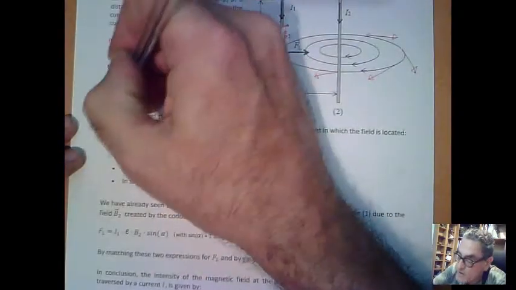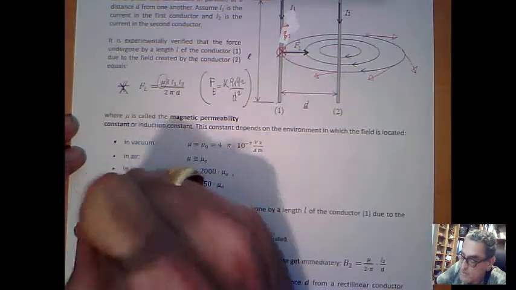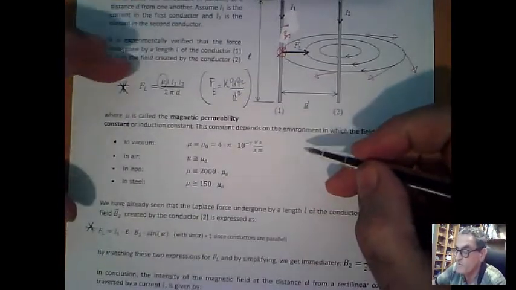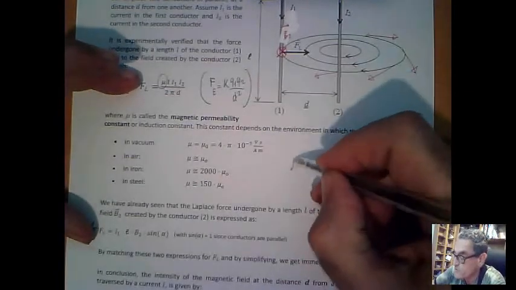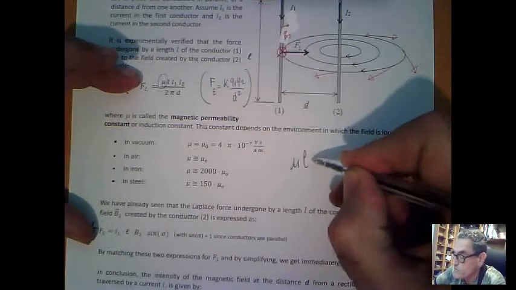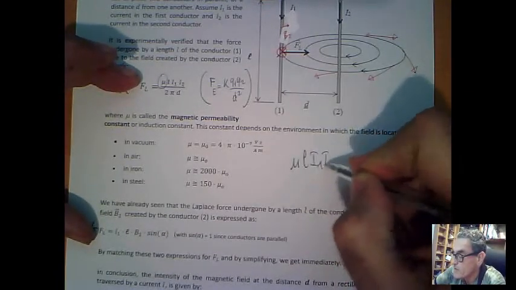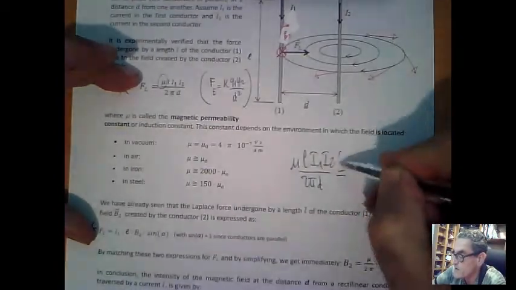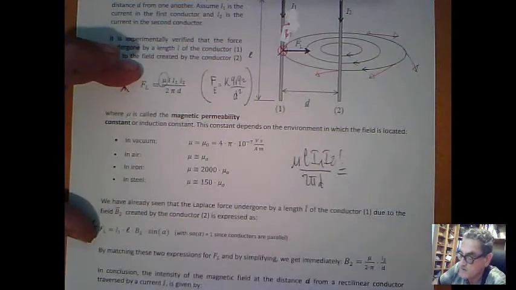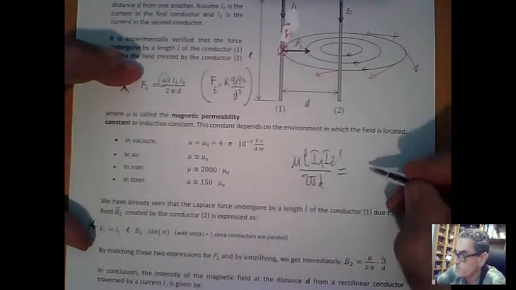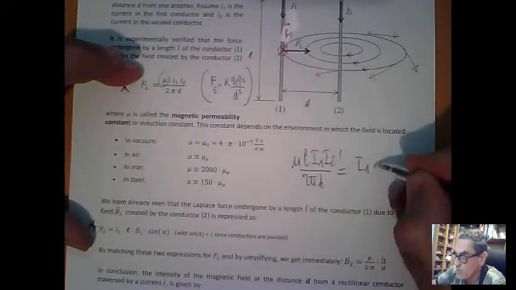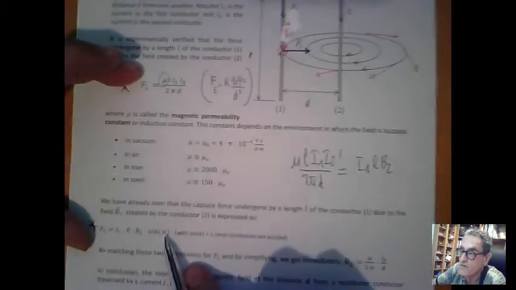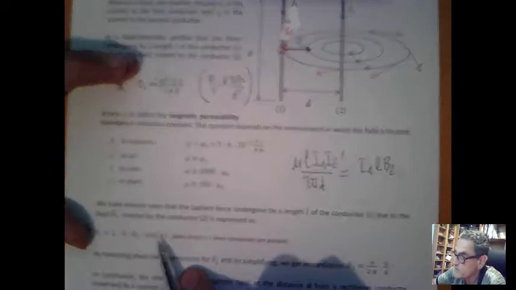Now, if you take this expression and you match them together, they express the same force, so they must be equal. That gives you mu L I1 I2 over 2 pi d. And this has to be equal, since it is the same force, to this expression, which is I1 L B2, and the sine of alpha is 1 because alpha is 90 degrees.